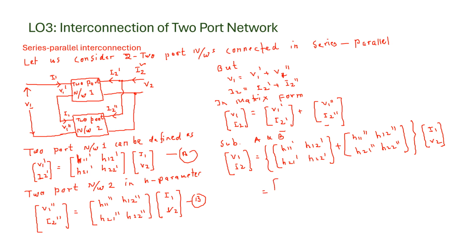So if you combine this, then we will have h11 dash plus h11 double dash, h12 dash plus h12 double dash, h21 dash plus h21 double dash, h22 dash plus h22 double dash, and then we will have this I1 and V2.